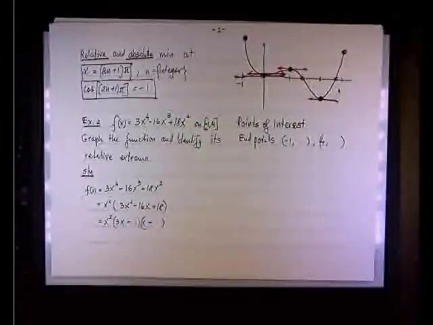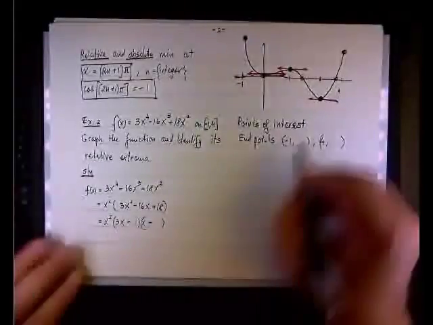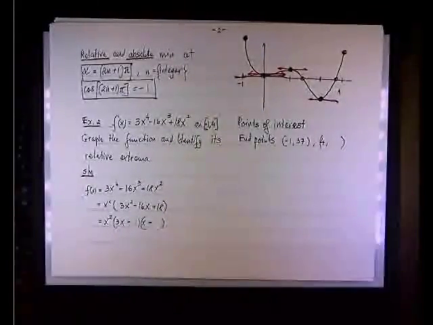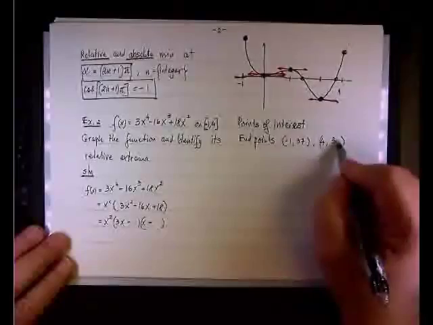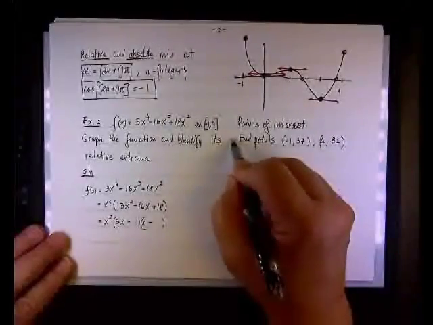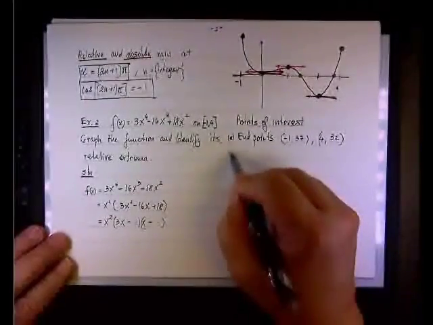Well, it's easy to find out: if I evaluate the function, when x equals negative 1, y equals 37, and when x equals 4, y equals 32. Okay? So that will be A.